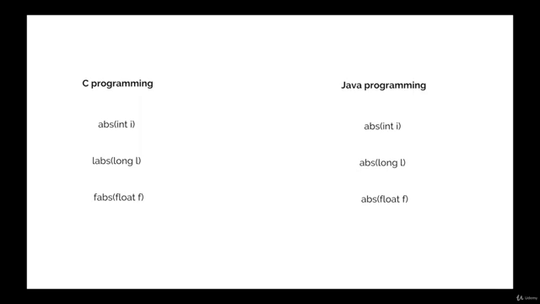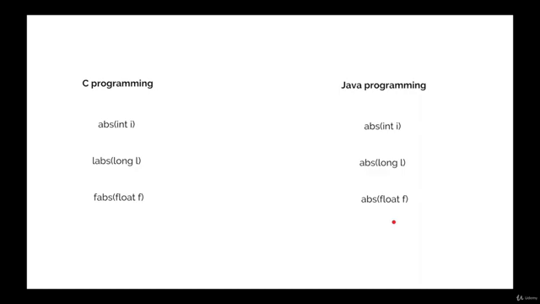If you pass a float, it will return the absolute. This makes life much easier because you don't have to remember multiple method names. You just remember one method name and pass different values as per your requirement. This improves code readability and makes the programmer's life easier.